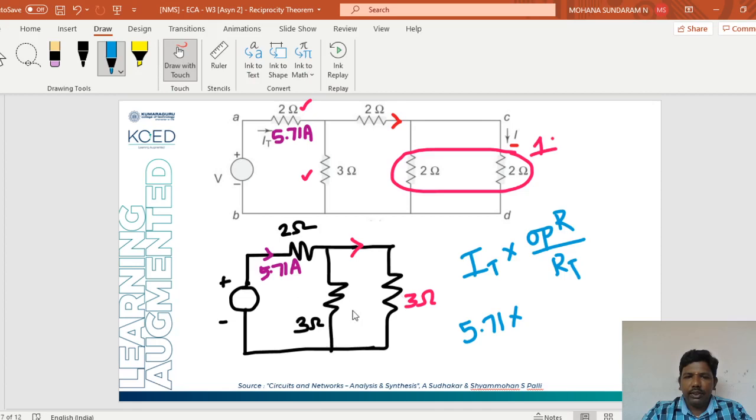I am concerned with this resistance, so the opposite of this is 3. So it is 3 divided by 3 plus 3, that is 6. So it will be 5.71 divided by 2. The current will be around 1.4. I'm sorry. It will be 2.85 amps.